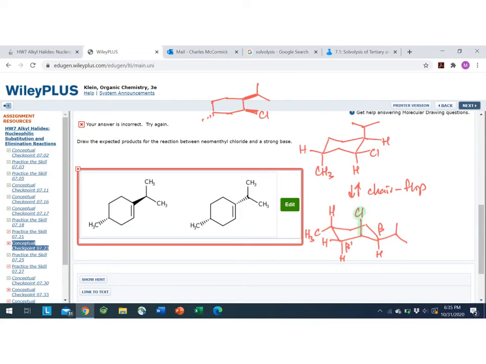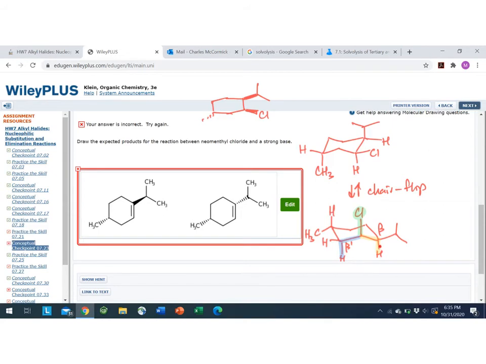If we go this way, we see that's anti-periplanar, but we can go the other way as well. That's anti-periplanar, so you can actually get both elimination products.